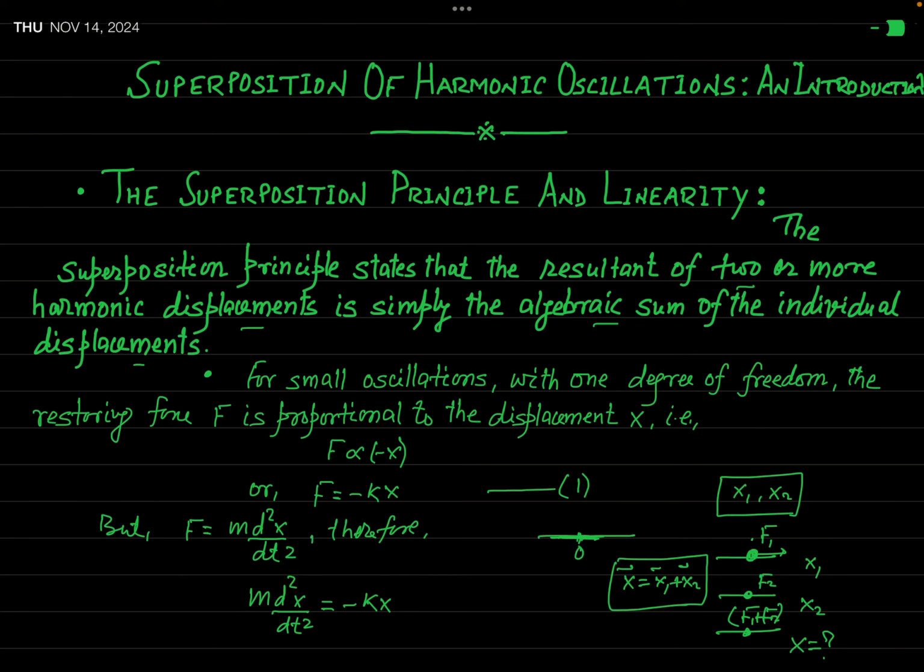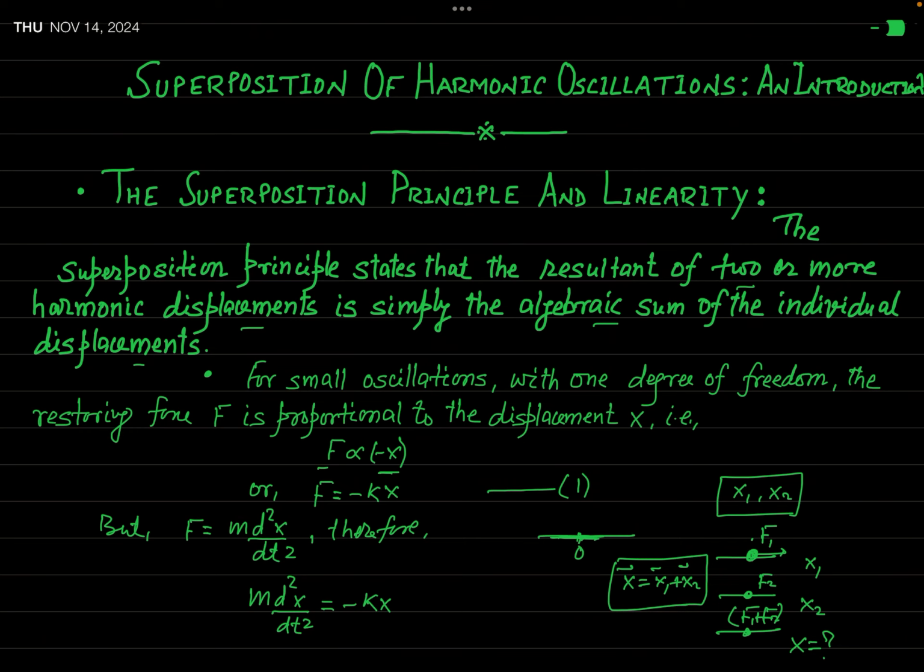In that condition, the restoring force acting on the oscillator is directly proportional to its displacement and oppositely directed. But this happens only in the case of a small oscillation, near the equilibrium position.